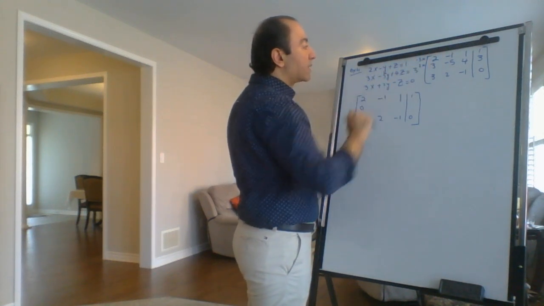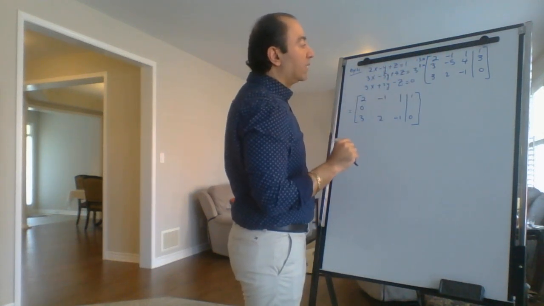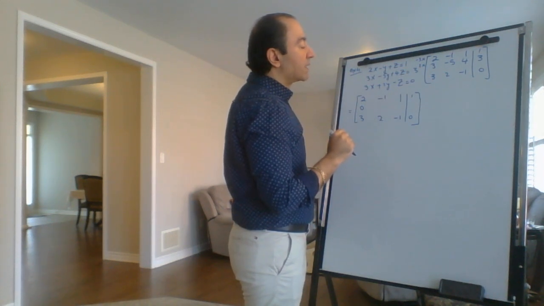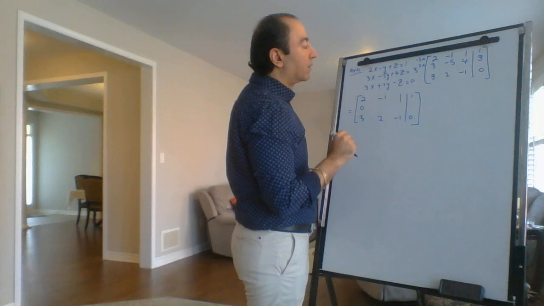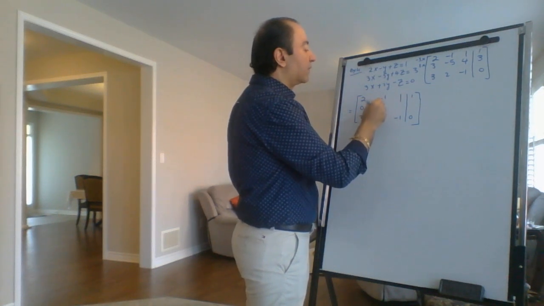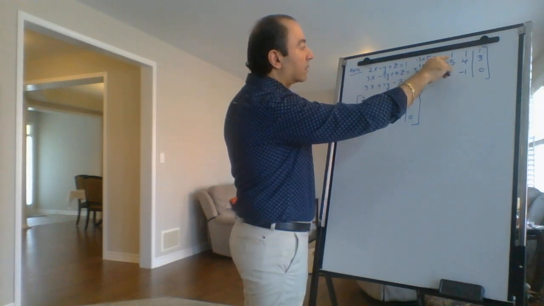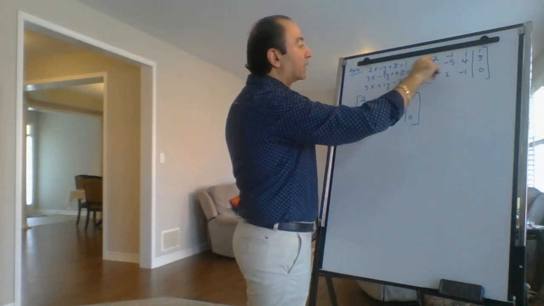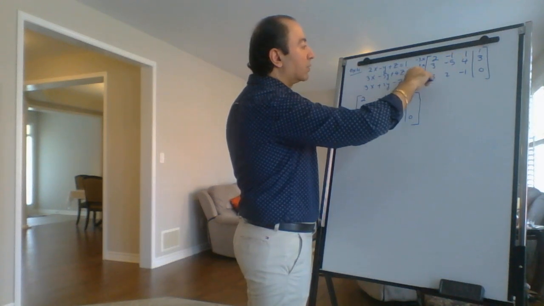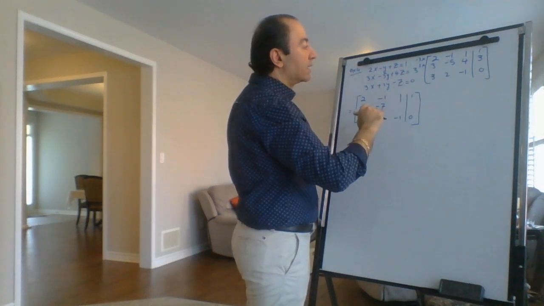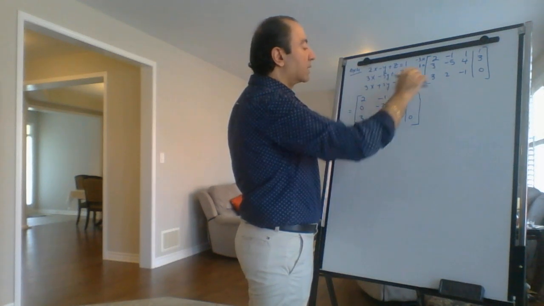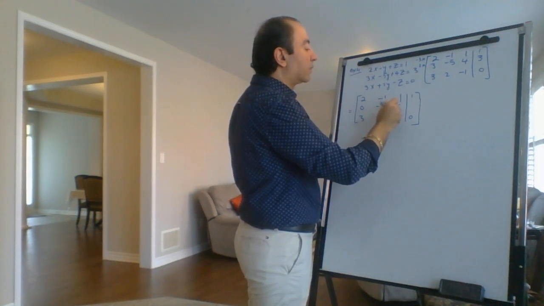Negative 3 times 1 is negative 3, and 2 times negative 5 is negative 10, so negative 3 minus 10 is negative 13. Then negative 3 times 1 is negative 3, and 2 times 4 is 8, so negative 3 plus 8 is 5.